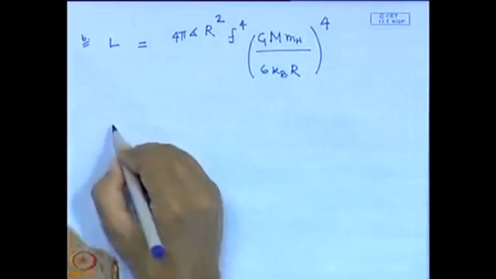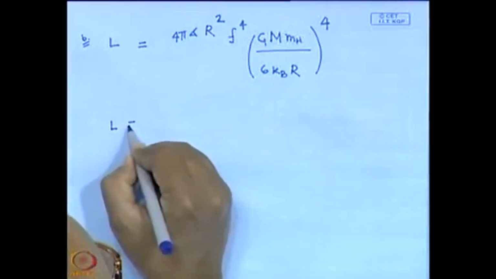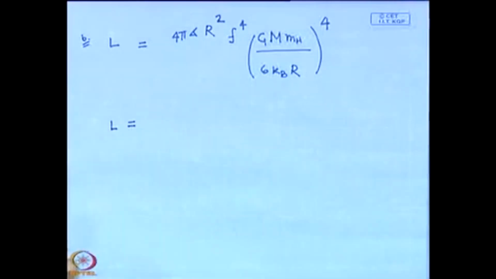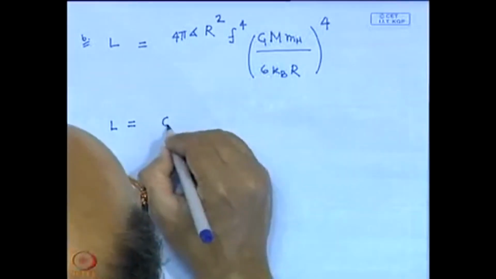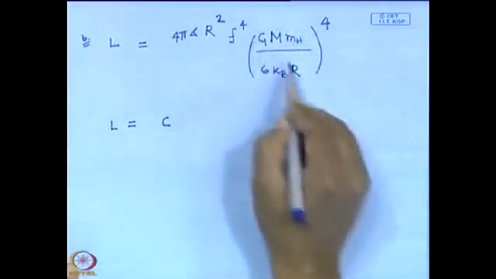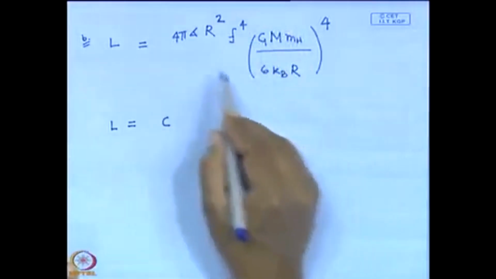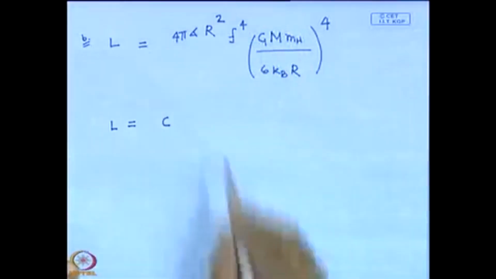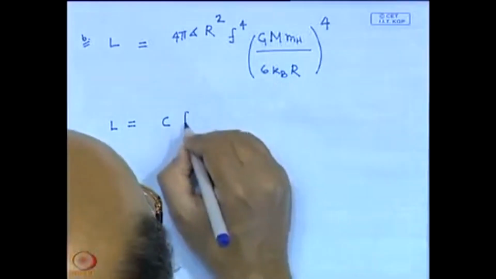So the luminosity can be written as some constant C, whose value you can work out by taking all the coefficients over here, all the constants, into f to the power 4.